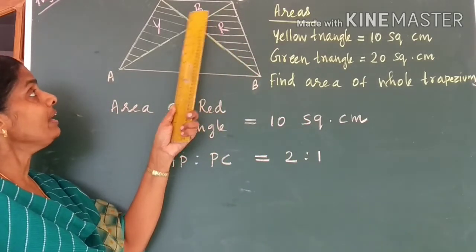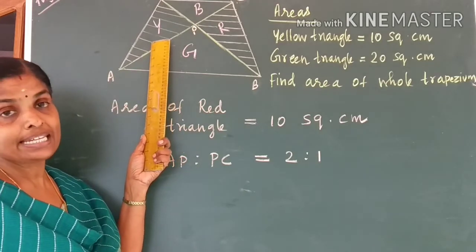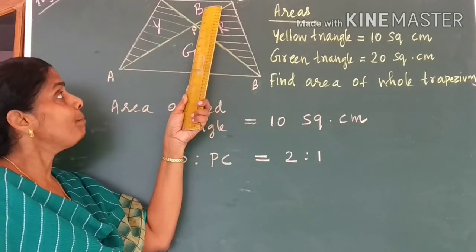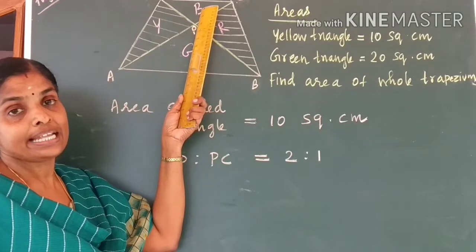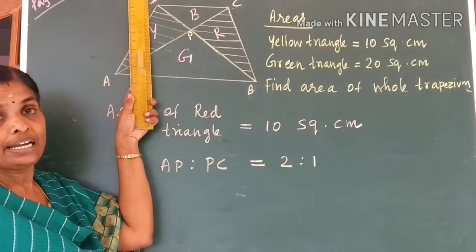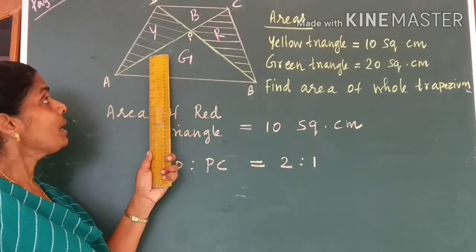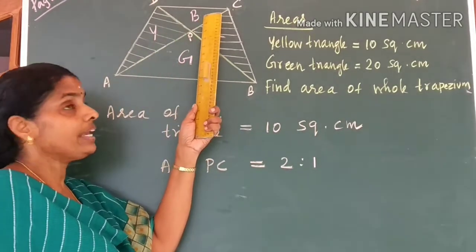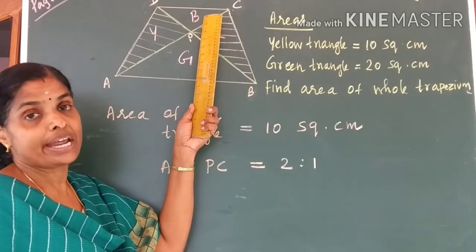Now come to the first part. Let us find the area of the blue triangle. Using the idea, a line drawn from this vertex divides the base and area in the same ratio.